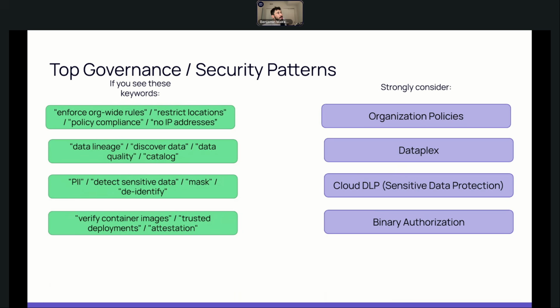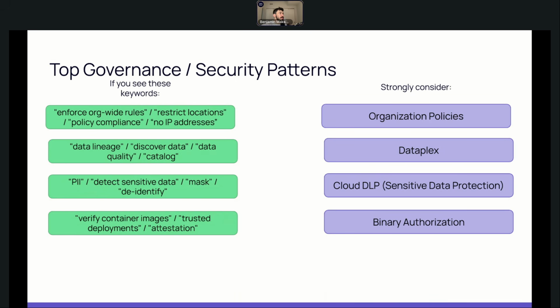The two org policies that are most commonly tested on the exam are only allowing certain resource locations, like certain regions around the world within GCP, and disallowing external IP addresses with VMs. Those are by far the most commonly tested. There are many org policies, but from a security and governance perspective, those are the most common to show up on exams.